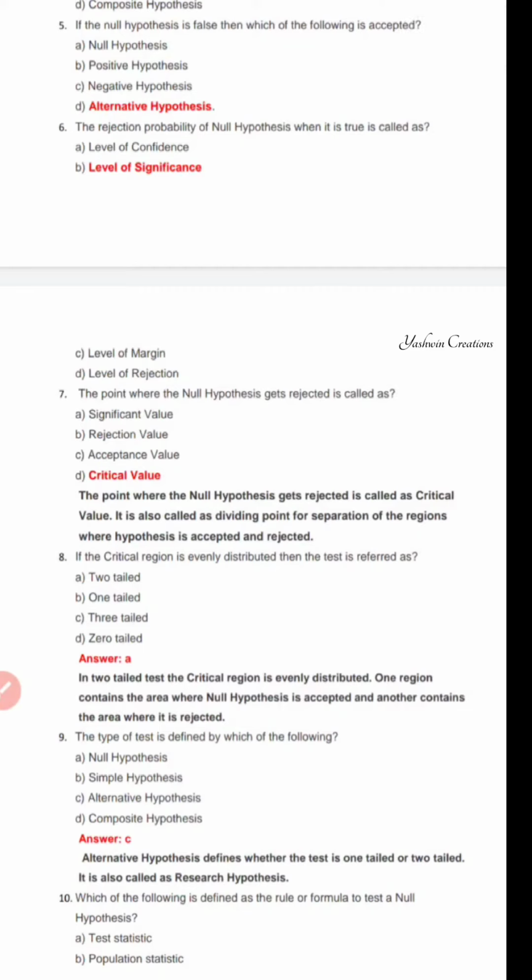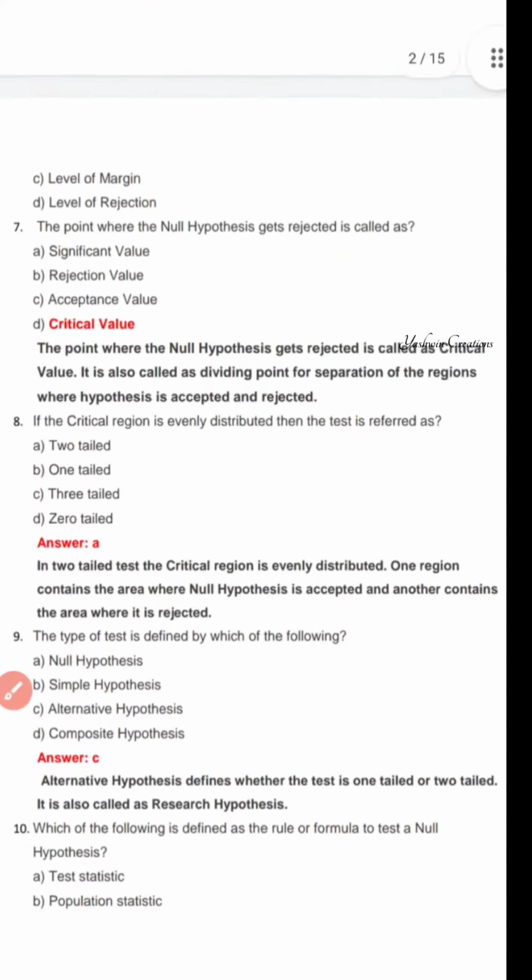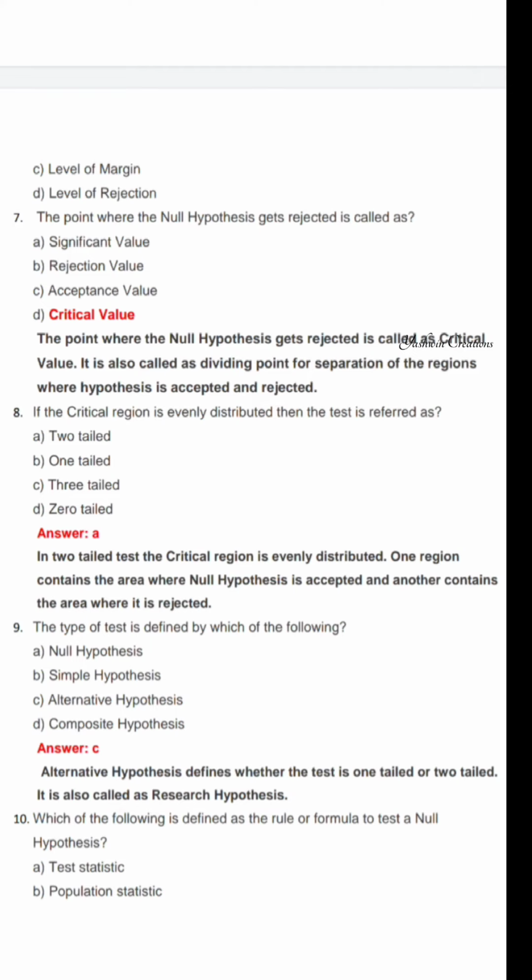Next question, if the critical region is evenly distributed, then the test is referred as, that is answer A, two-tailed test.